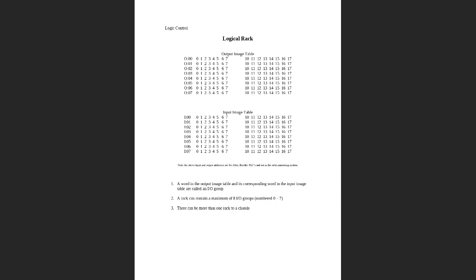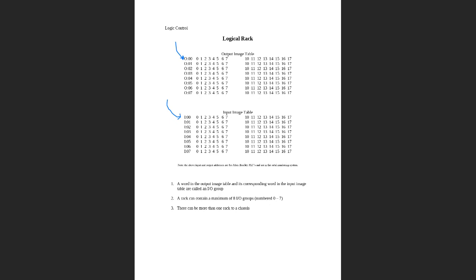The way to think about this is, first of all, notice that for my output image table, these are the addresses here. It begins with the O for output, and down here for my input image table, it begins with the I for input.